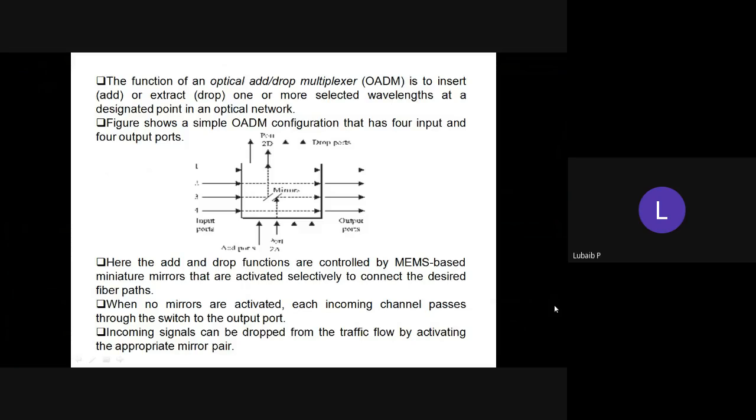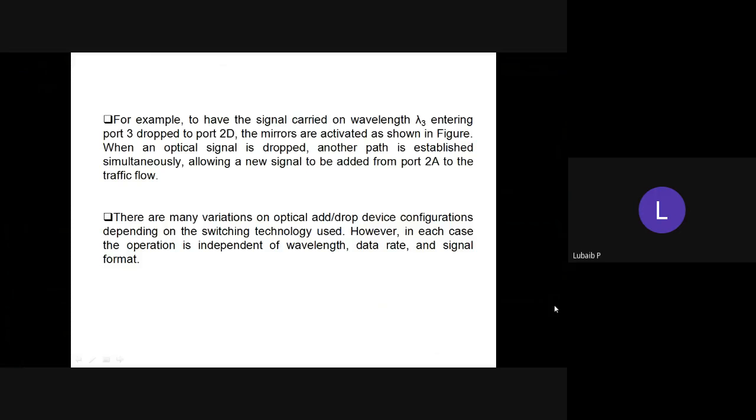So here, the particular wavelength signal that comes through port 3 is dropped, and another signal that is fed to port 2A is added. That is actually the add drop mechanism, or add drop multiplexing. There are many variations on optical add drop device configuration, depending on the switching technologies used.